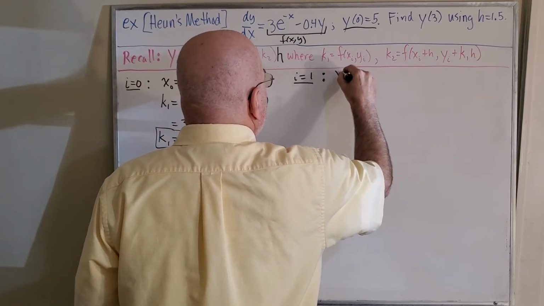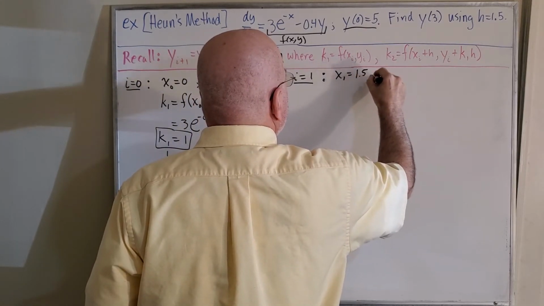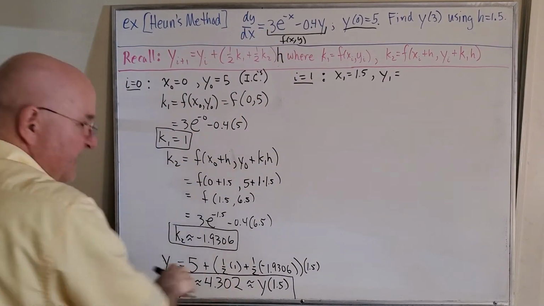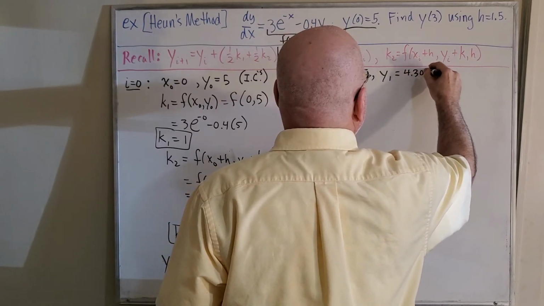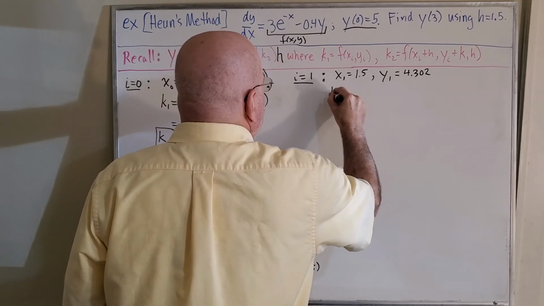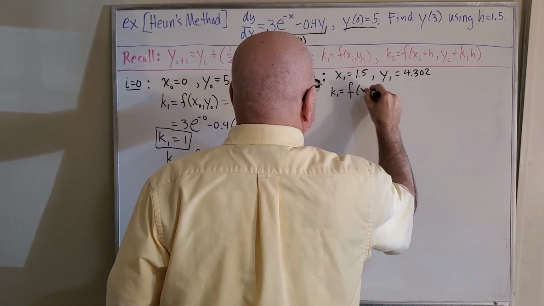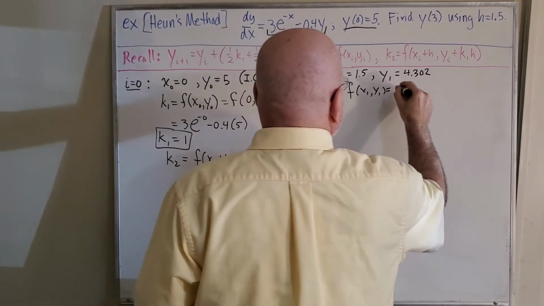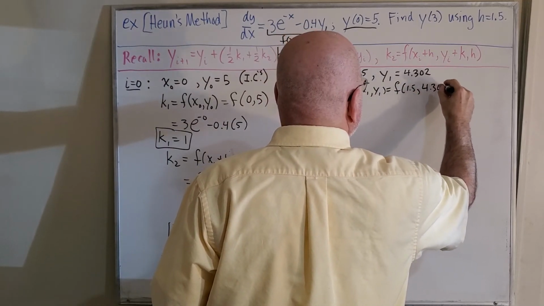Okay, so i equals 1. What are we starting off with? x1 is equal to 1.5. y1 is equal to what we just computed, 4.302. And now let's compute k1. k1 is f of x1, y1, which is f of 1.5, comma 4.302.